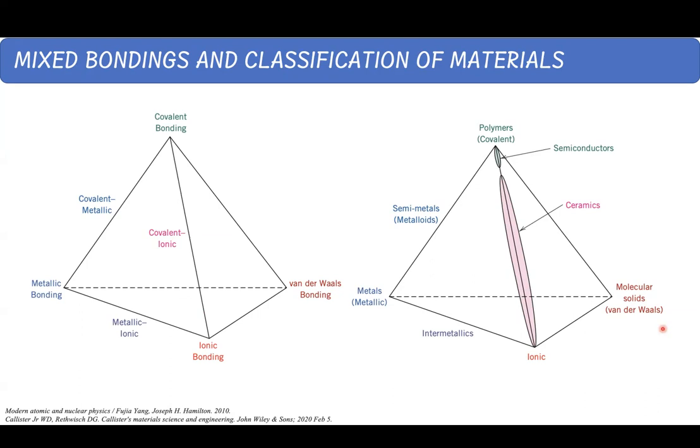So this is general information about mixed bonding, and about materials having one particular bond or mixed bonding in one particular material.